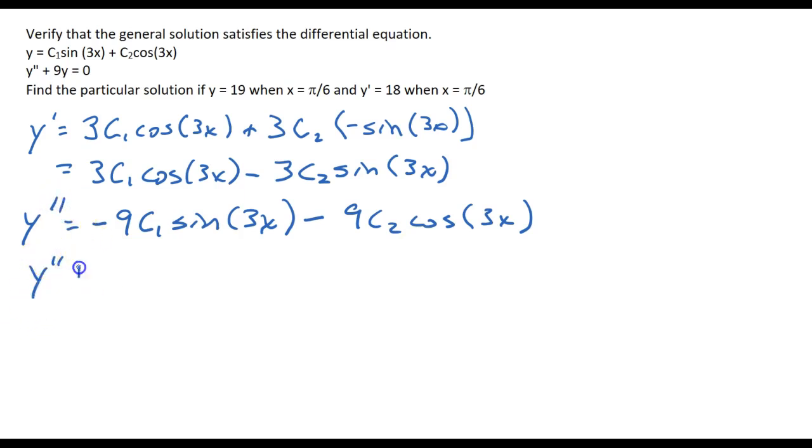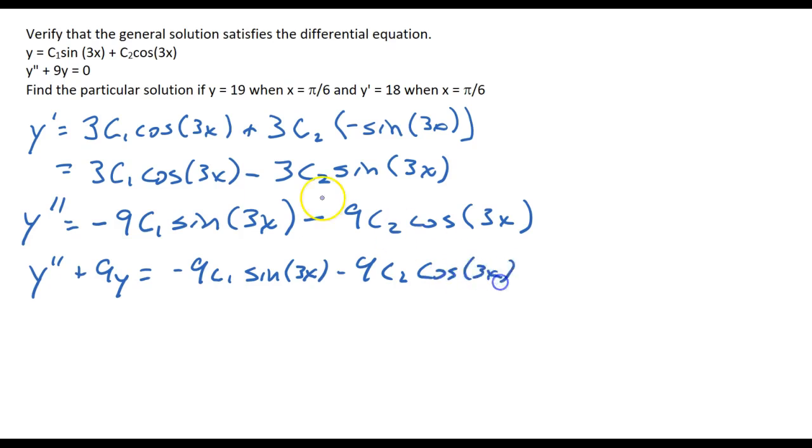So y double prime plus 9y is going to be all of this plus 9y.